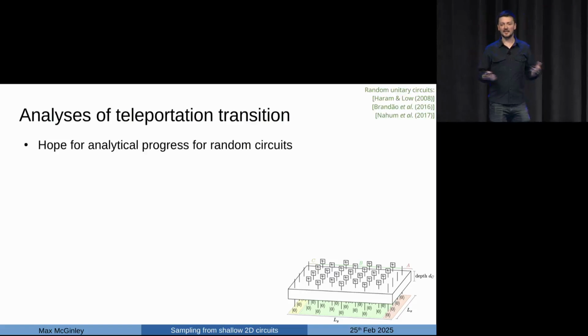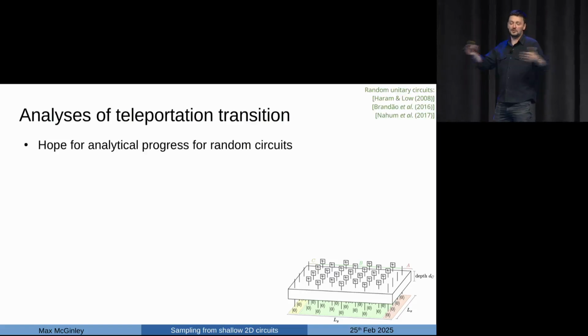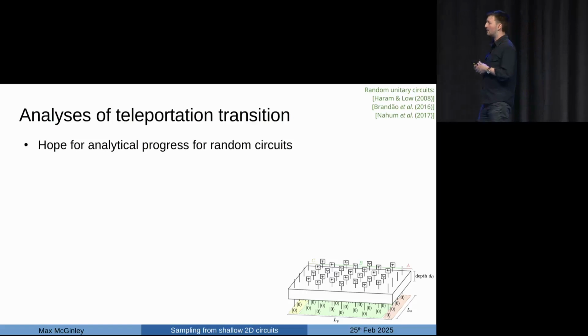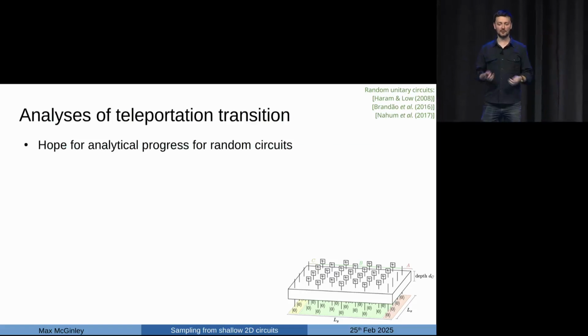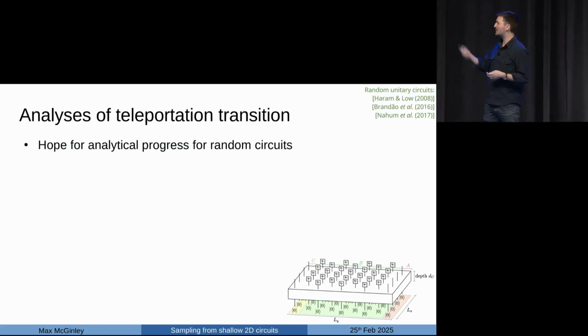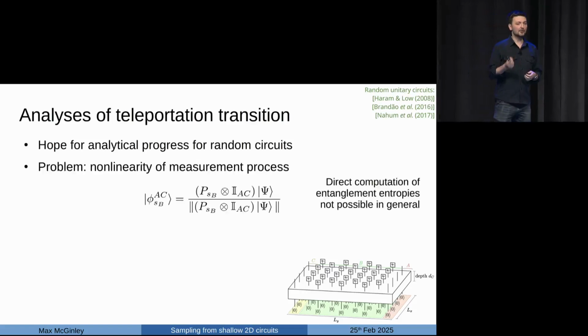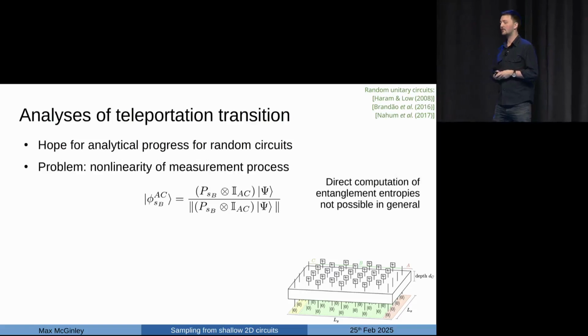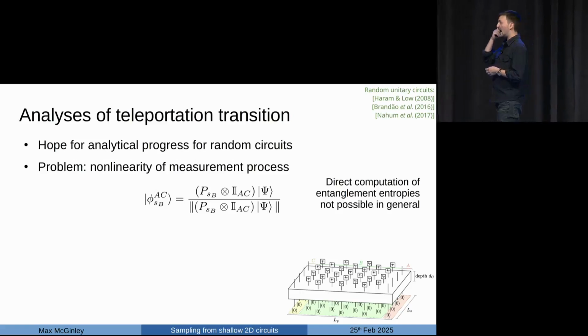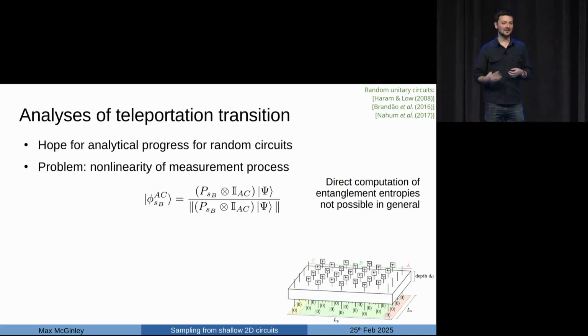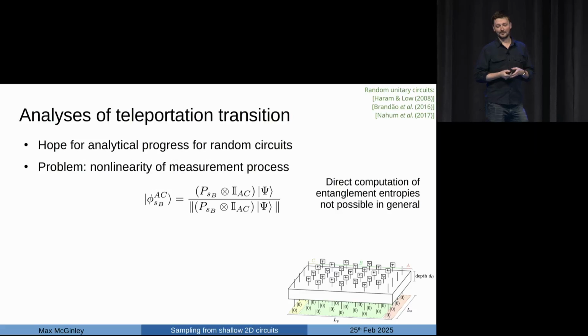If we're thinking about random circuits, representing somehow generic circuits, then one might hope for some analytical progress based on similar techniques that have been used to study the dynamics of entanglement in random circuits. There's a problem when we introduce measurements into the picture, though, and that is that when we perform a measurement, we project the wave function onto some subspace, but we also have to renormalize the state afterwards.